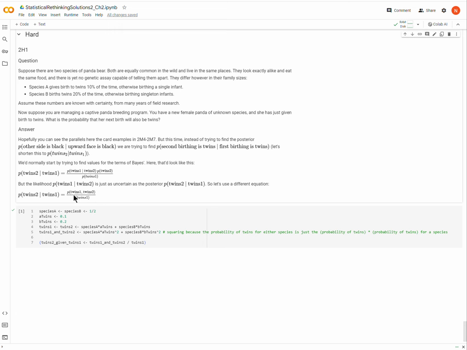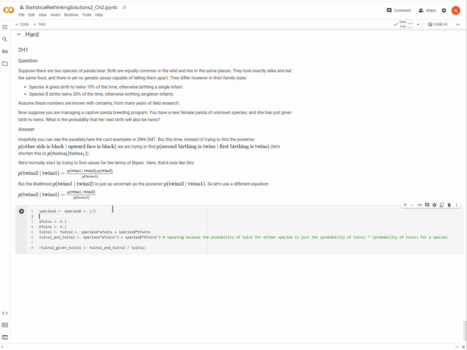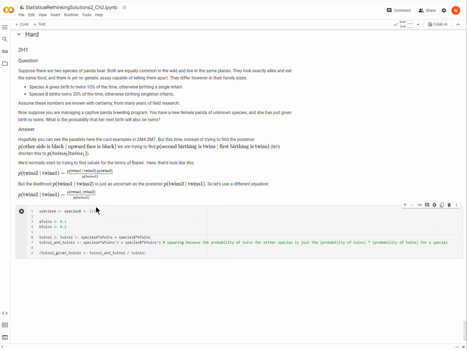And we actually can use this. This formula is equivalent to the other formula, and so we can use this formula here to solve the problem. So let's start by trying to figure these out.